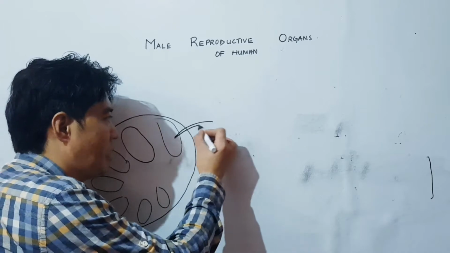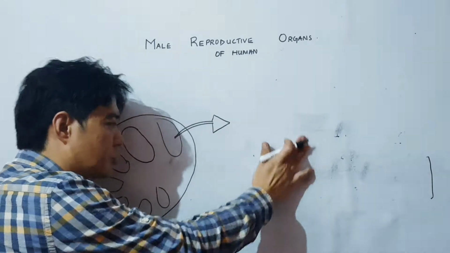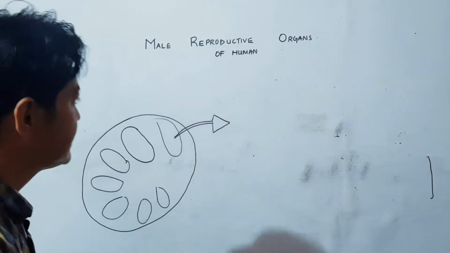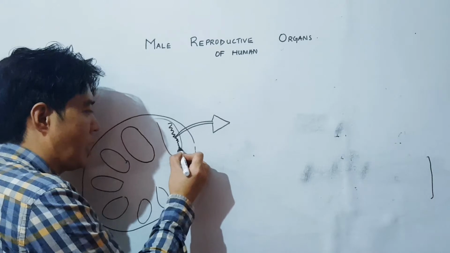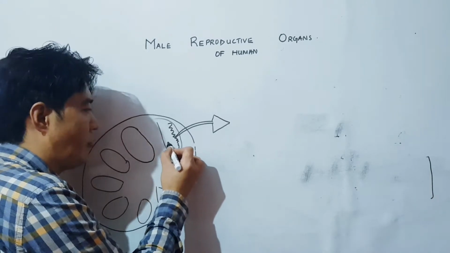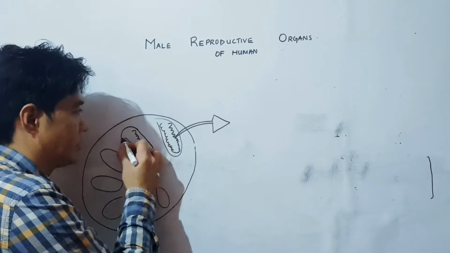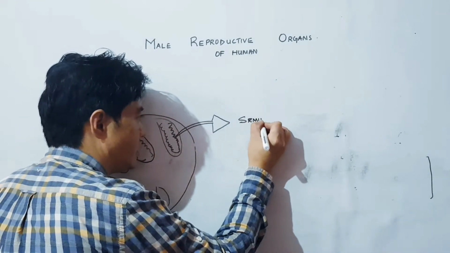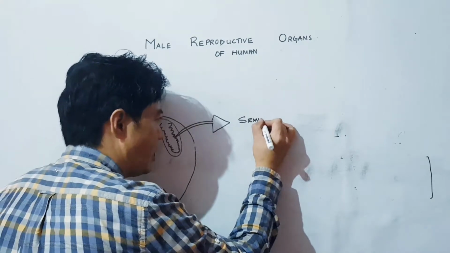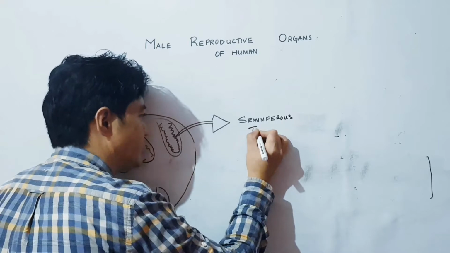If you see these compartments in an ultra microscope or electron microscope, you can see these compartments are made up of highly convoluted or folded tubules, that are known as seminiferous tubules.